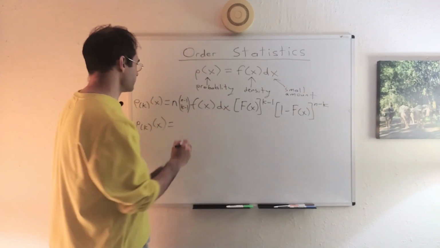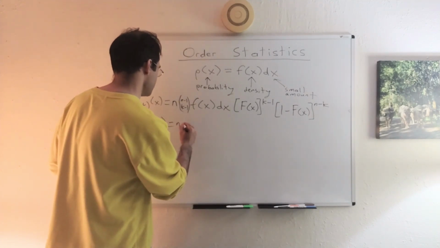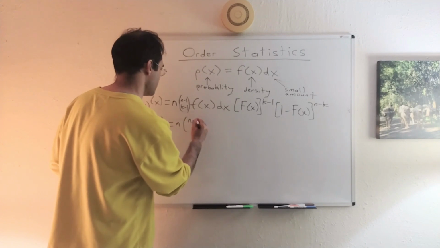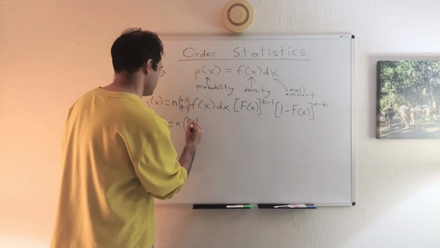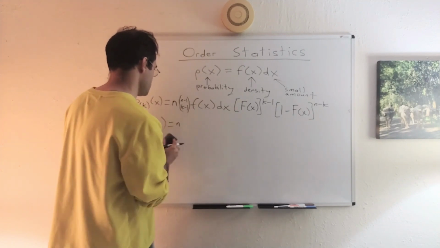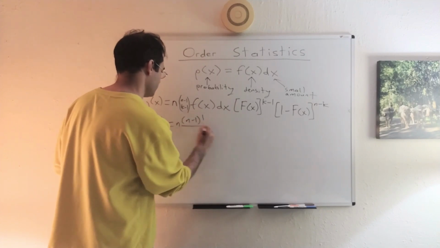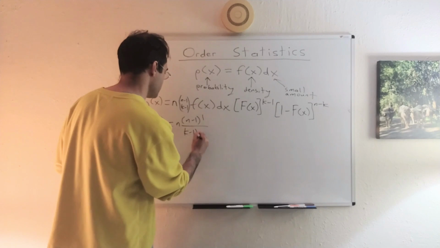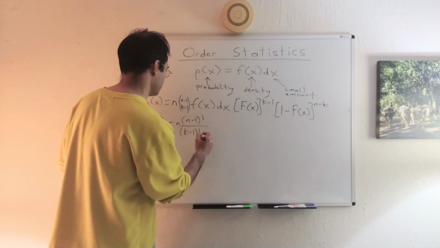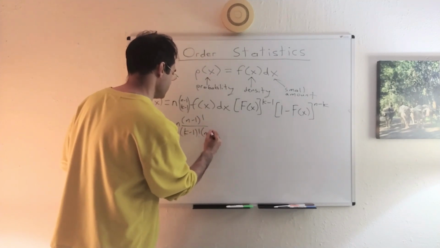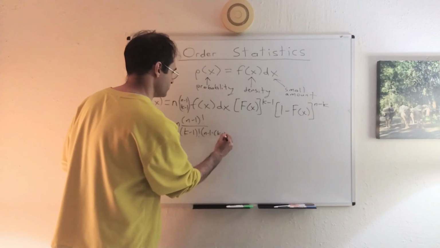We just want to do a little rearranging here. This is n multiplied by (n minus 1) factorial over (k minus 1) factorial, and then the difference, (n minus 1) minus (k minus 1), factorial.